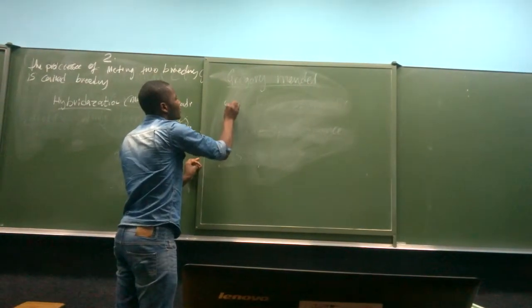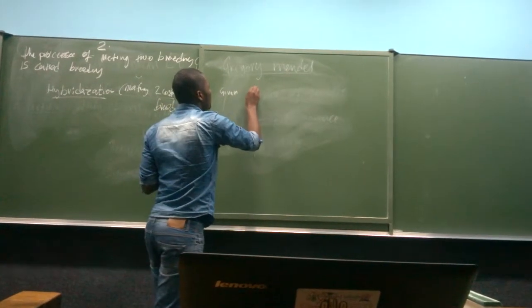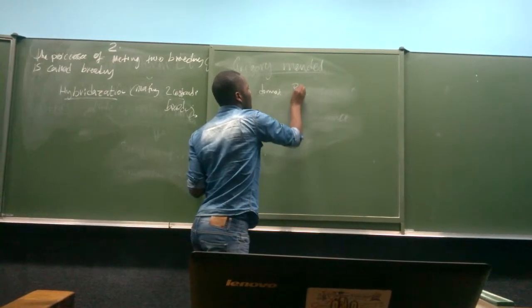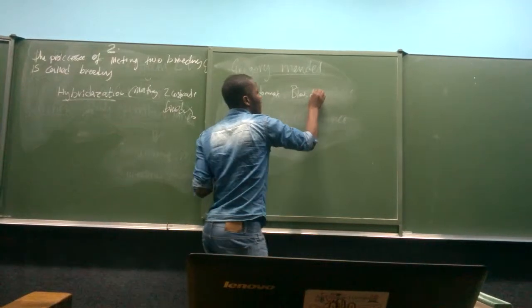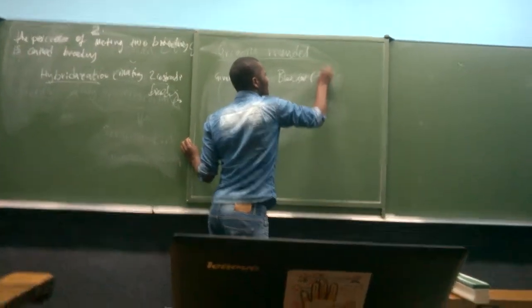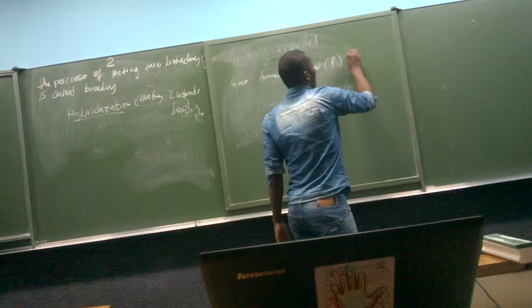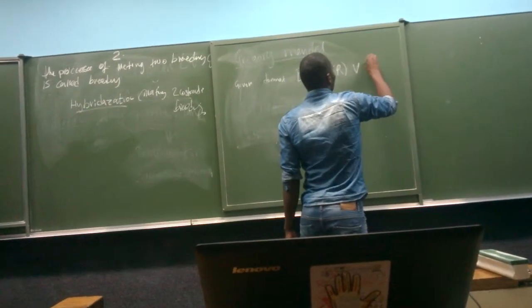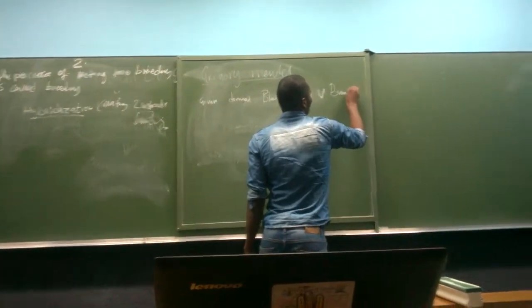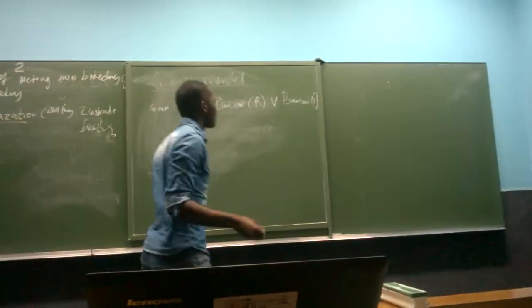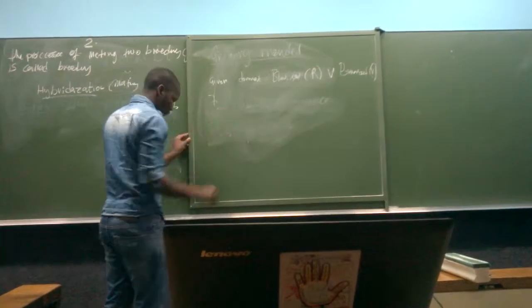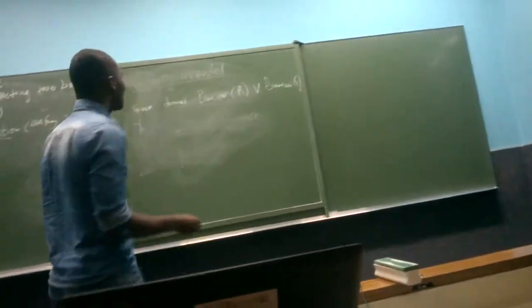We're given a dominant black fur cat, as R, mated with a recessive brown cat, small letter r. Draw the filial generation.